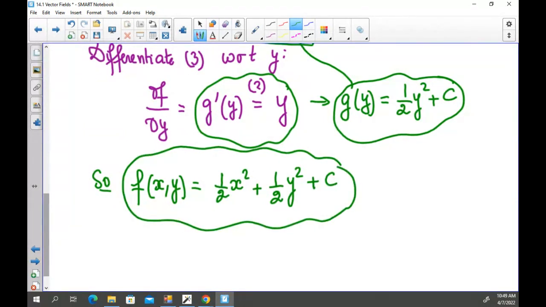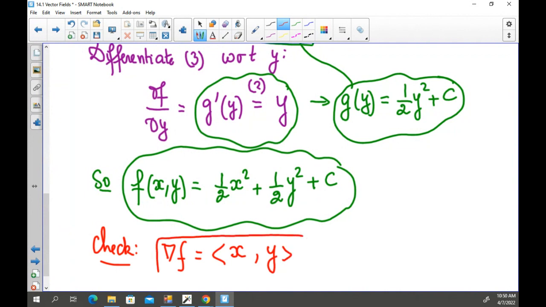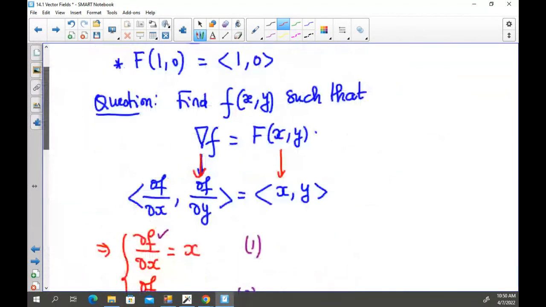That's it. Now, let me check. What is the gradient of this function f? Its derivative with respect to x is x. What is its derivative with respect to y? y, finished. So yes, the gradient of this function is equal to (x, y).